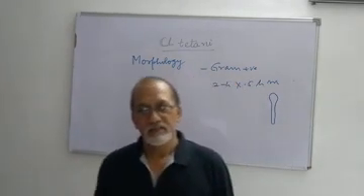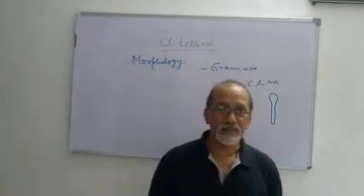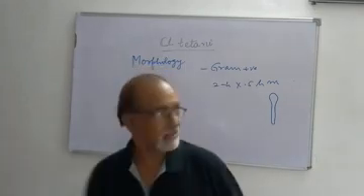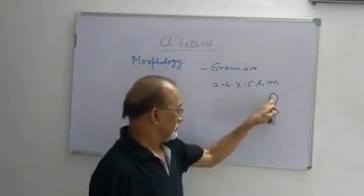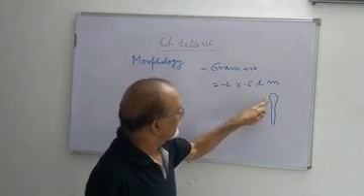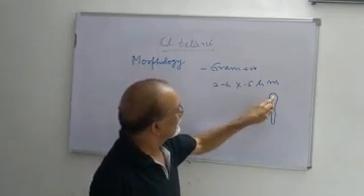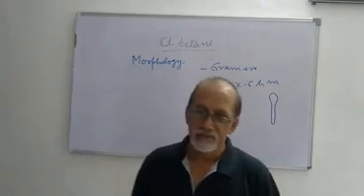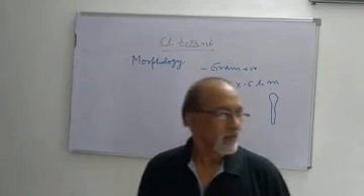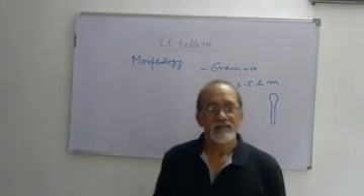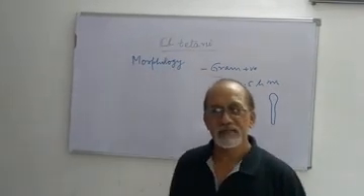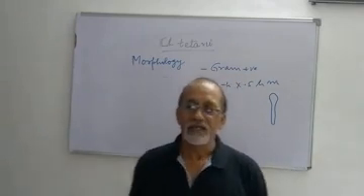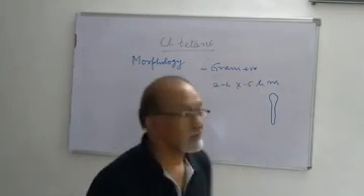The spores are spherical, located terminally, and twice the diameter of vegetative cells, as I draw in this picture. This is the whole rod, and on it there is a spore of just double the size. The spores are spherical, located terminally, and twice the diameter of the vegetative cell, giving them a typical drumstick appearance.